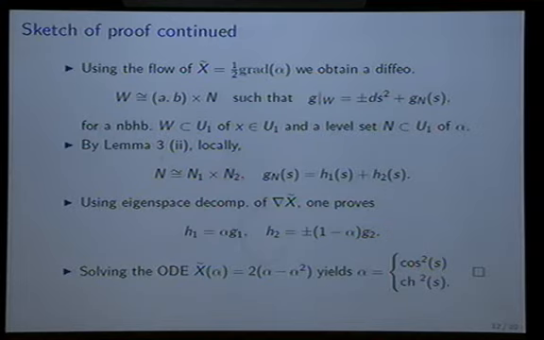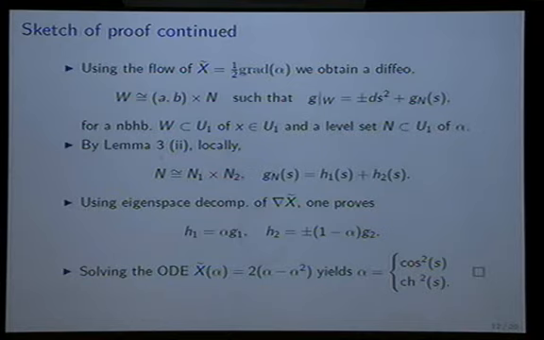Why s square didn't appear? Sorry, why s square? Here you mean this square? No, this comes out of solving this equation. You obtain this cosine square. I mean, cosine square and sine square are the coefficients in the polar decomposition of the metric of constant curvature. So I suppose that a square must appear maybe somewhere.